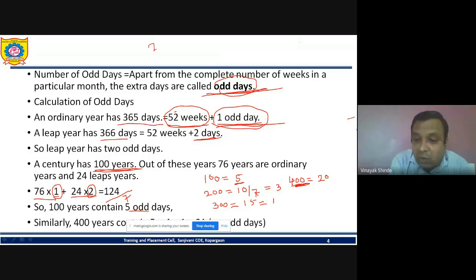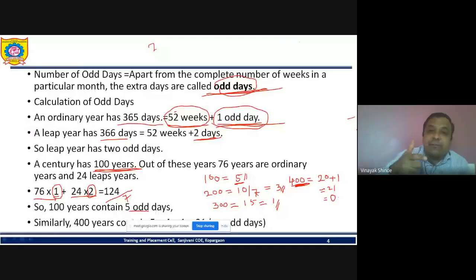So 1 we have already included, so we need to add 1 day in that. So it is 21. Divided by 7, how many odd days will be there? 0. So these are the odd days for the 100 year, 200 year, 300 year, and 400 year.